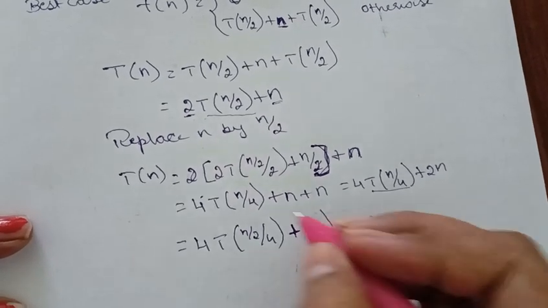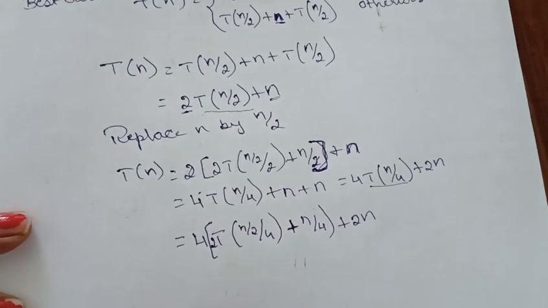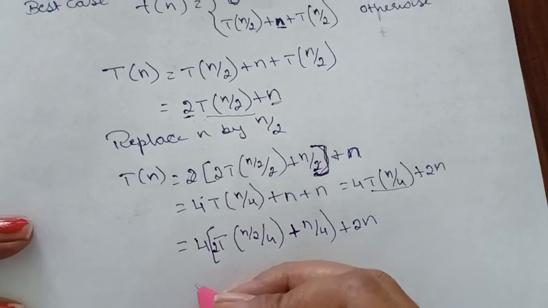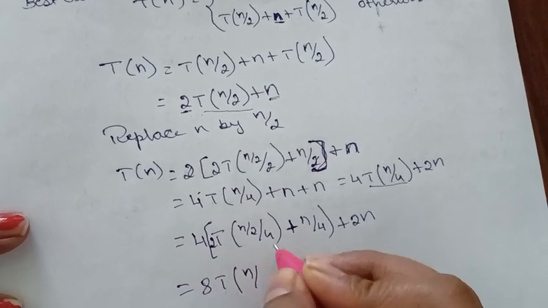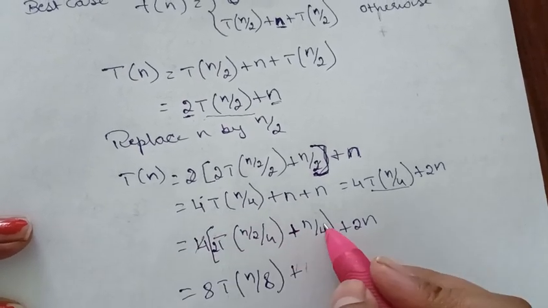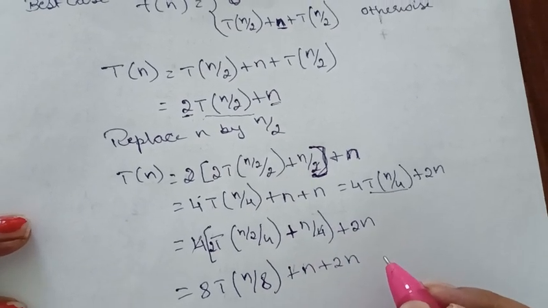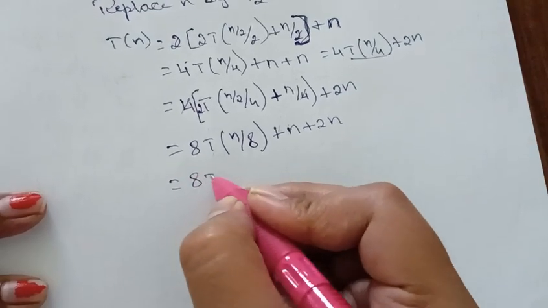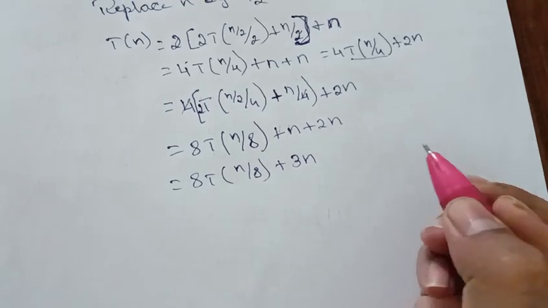So this one, 4 into 2 into t of n by 2 divided by 4 plus n by 4 plus 2n. This one will become 8t of n by 8, 4 2s are 8 plus 4 and 4 will get cancelled, n plus 2n. 8t of n by 8 plus 3n.